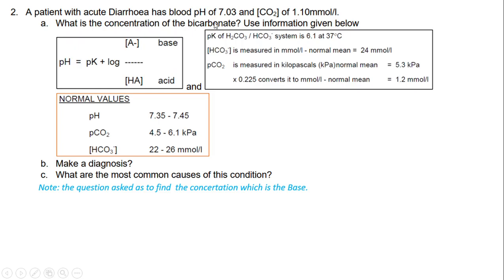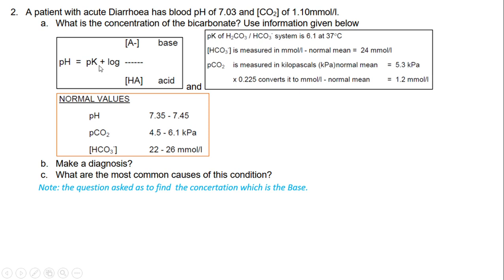So bicarbonate, is it an acid or a base? Bicarbonate is the base, right? Carbon dioxide, they say pH 7.03, is an acid, right? 1.10, which is also an acid. So we just replace the 1.10. We want to find the base, which is this bicarbonate.